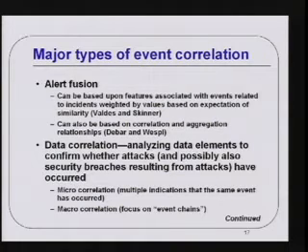But there are two really widely used approaches to event correlation now. The first one's called alert fusion. What happens here is you take the various features involved in the various kinds of events that have happened, weight each of the features according to how important it is, and come up with a conclusion that you have a single event that was generated by some malicious code or some malicious person.